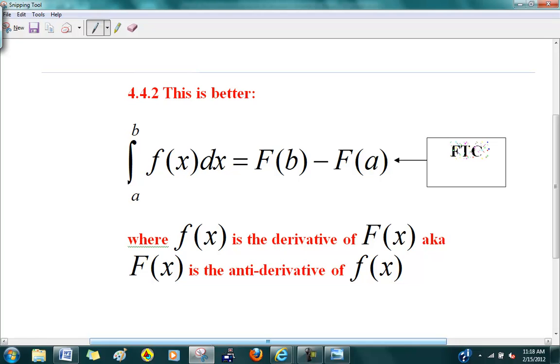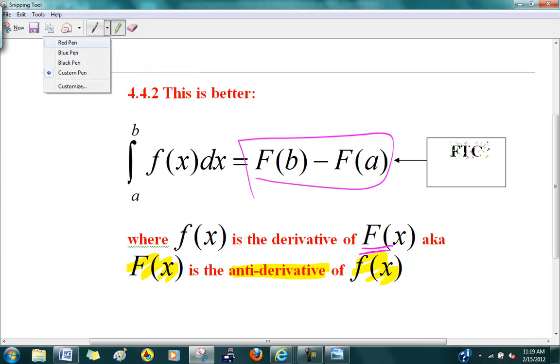So what is this slide telling us? It's telling us that if you have a function f(x) and you want to integrate it, then it's the same thing as doing this, where the uppercase F(x) is the antiderivative of lowercase f.